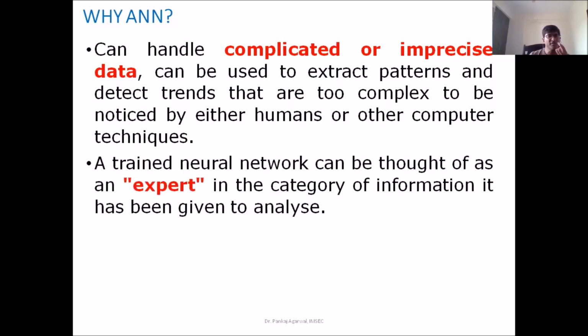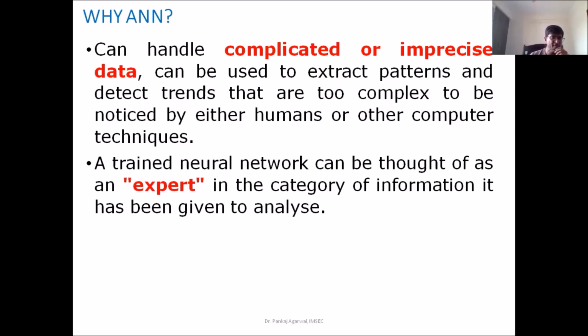Similarly, once we train our neural network, it can become like an expert in that particular field. Human beings do have the capability of acting as an expert, but we have a limited capability. We cannot expect to learn or remember a huge amount of information, but we can do that with artificial neural networks.